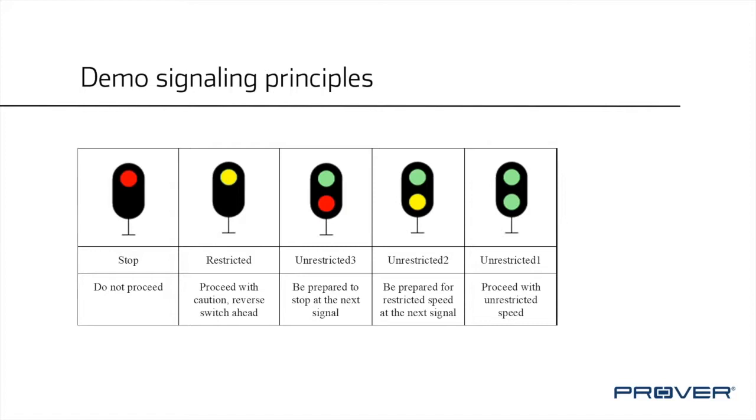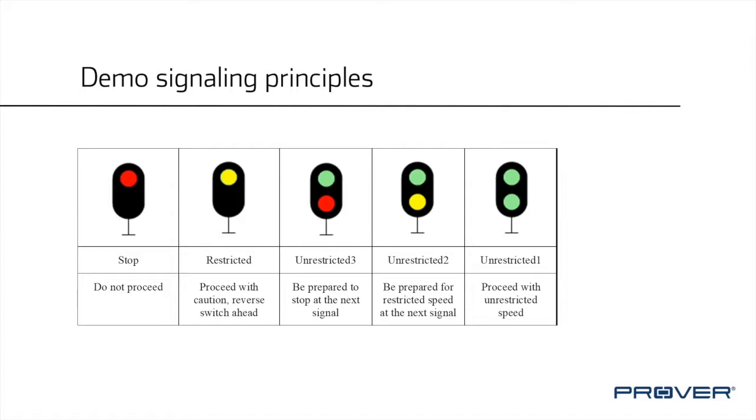We have here only one type of signal. It can display 3 different colors in the upper light and 3 different colors in the lower light. The upper light tells if the driver is supposed to stop, or can proceed at a restricted speed, or can proceed at an unrestricted speed. Red, yellow, or green, depending on the state.